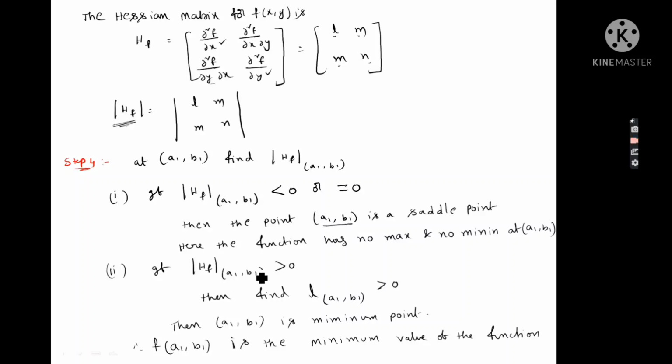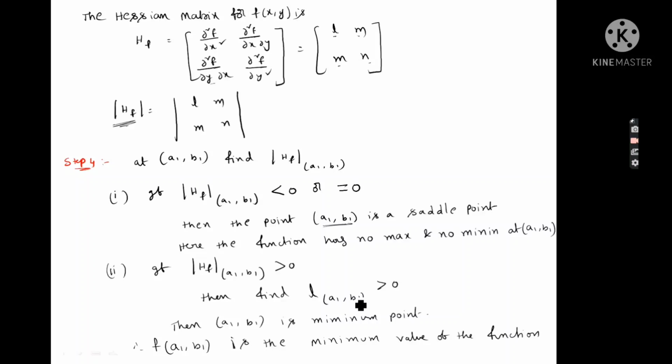Now second, suppose if we substitute the stationary point in the Hessian matrix, the modulus of the determinant of HF, and that value is greater than 0, then immediately you substitute that point in L. L means del square F by del x square.